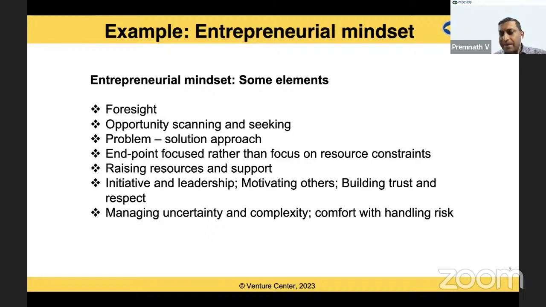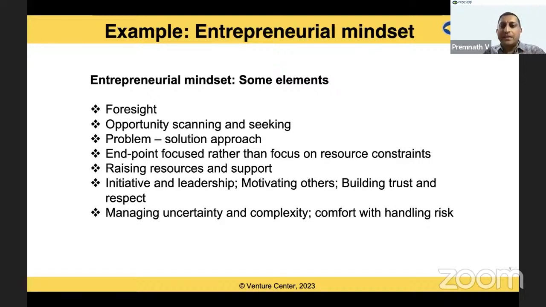Entrepreneurs have one other very interesting aspect in their behavior, which is that they are very endpoint focused, and so they're not focused on the resources and the constraints because of resources they may face. So they're going to ask the question, what do I want to do and how do I raise that resources for it? Not that I have this much money or this much resources, what can I do with it?